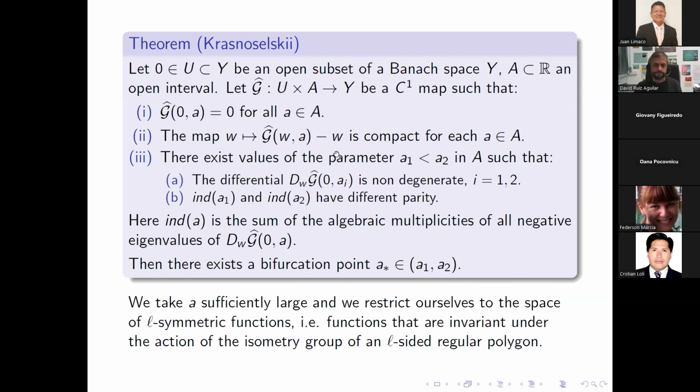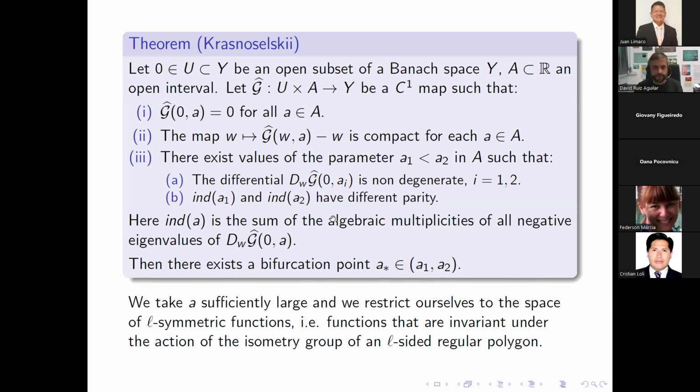Also, you need two points in the interval such that the differential at those two points is non-degenerate and they have indices with different parity. Here I call the index the sum of the algebraic multiplicities of all negative eigenvalues. If they have different parity, then it can be proved that in between you have a bifurcation point.